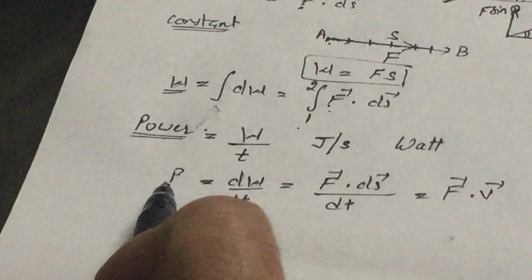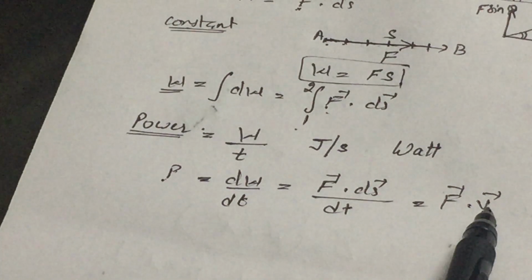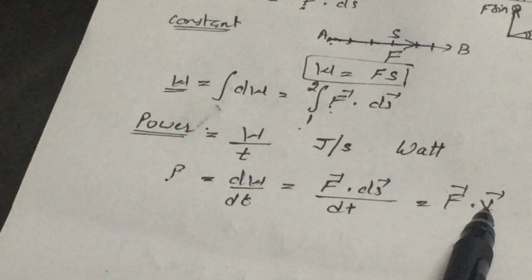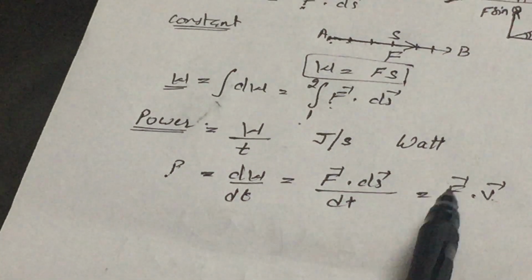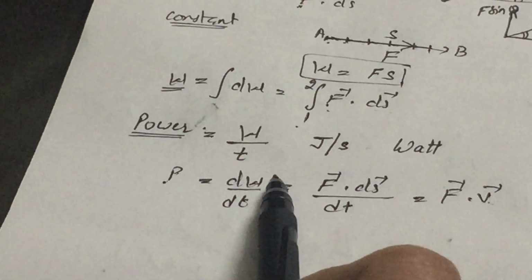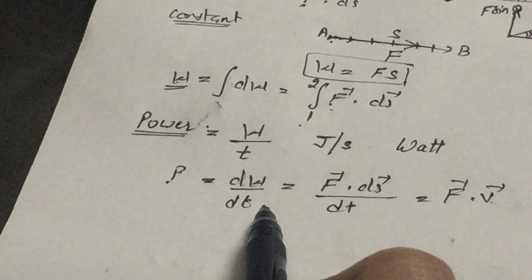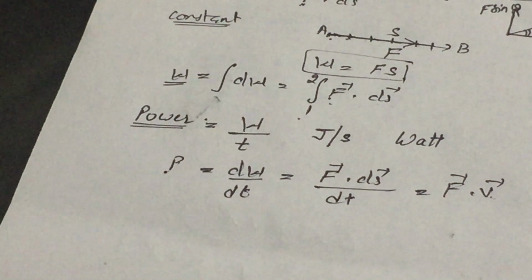It means if we have to calculate power, and the force and velocity vectors are given, we can dot product them and easily find out power. Otherwise, you can find the work done in unit interval of time, that is again power.